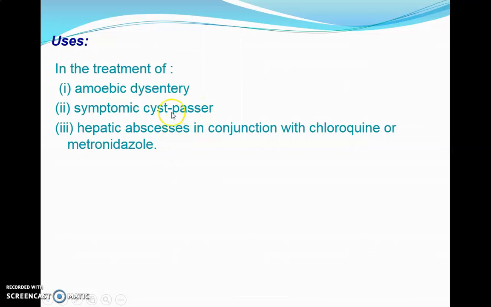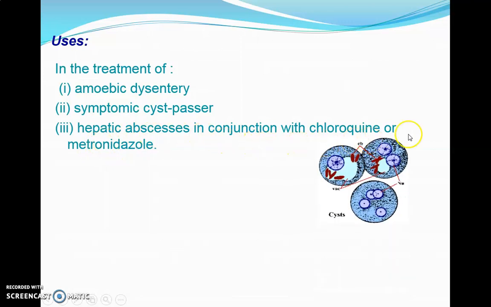In that also, the presence of cysts in the fecal matter has to be identified or diagnosed, and on that basis it may be used in asymptomatic cyst passers. It is also used for hepatic abscesses in combination with chloroquine and metronidazole. The cyst is one stage of the Entamoeba histolytica, in which form it is transmitted from one person to another by the fecal oral route.